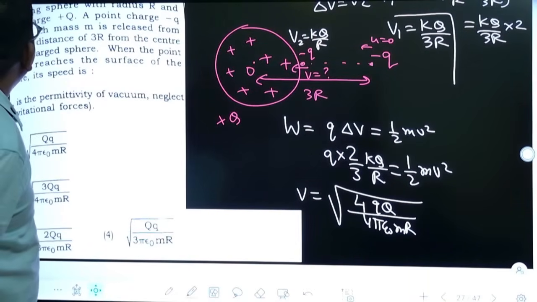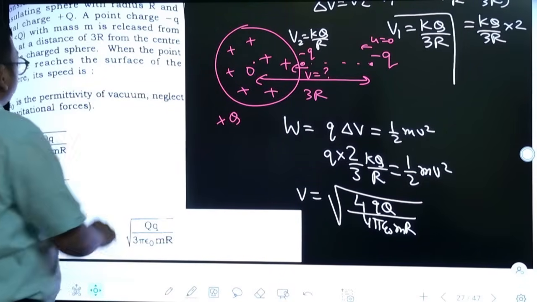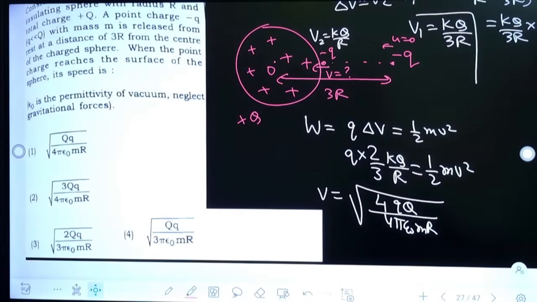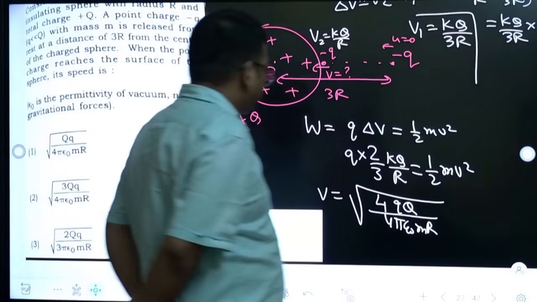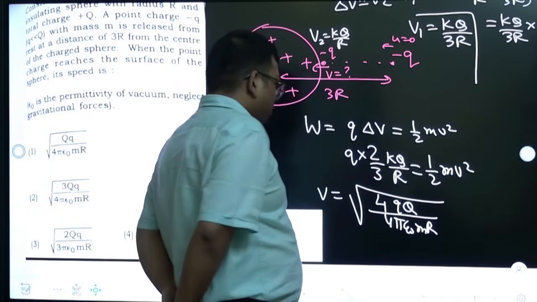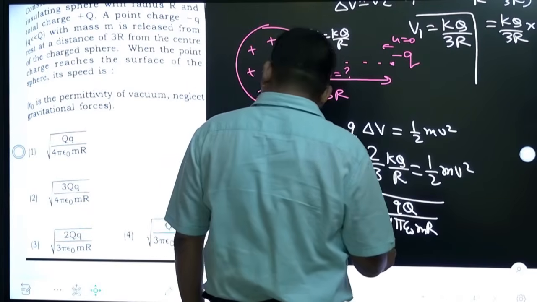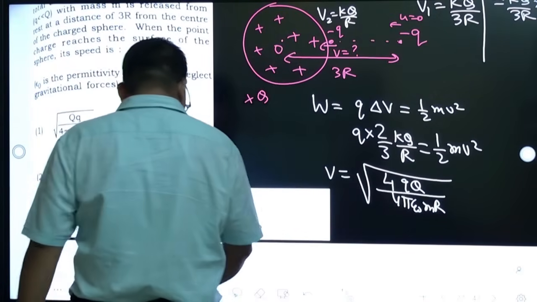Which one is the correct answer? What happened to factor 3? The 3 is also there. This 4 is gone and 3 is also there, so 12 will come here.